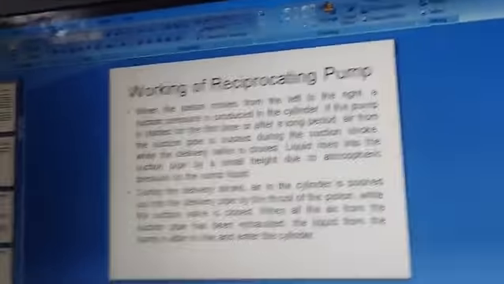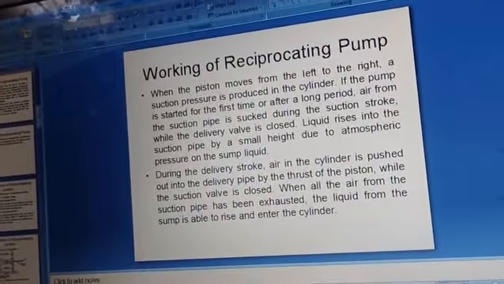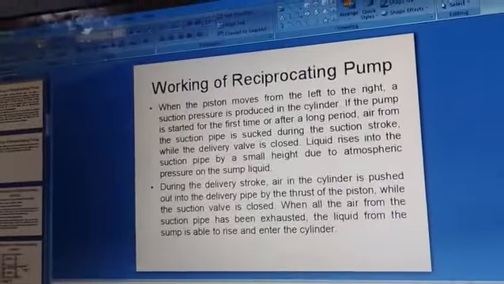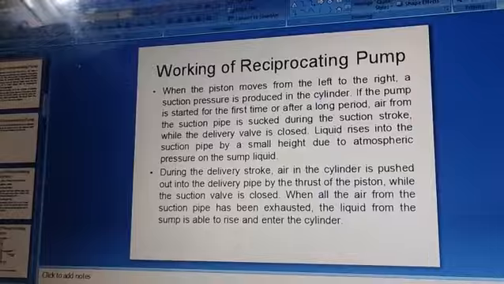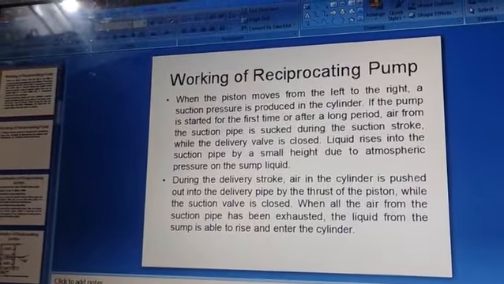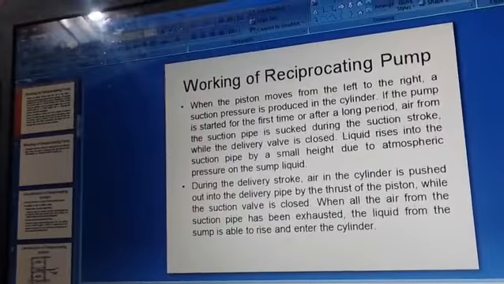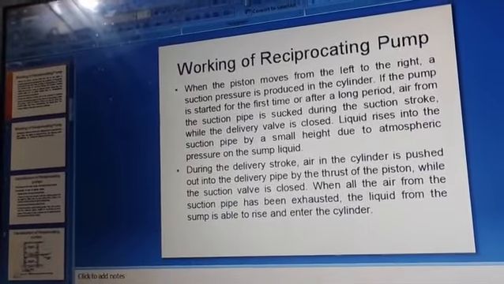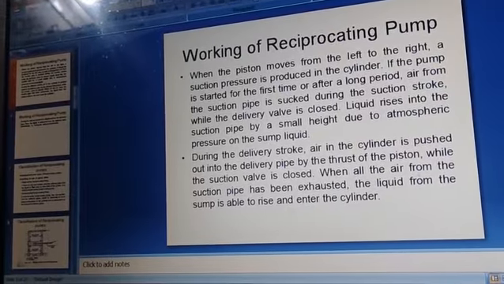The working of the reciprocating pump: when the piston moves from left to right, a suction pressure is produced in the cylinder. If the pump is started for the first time or after a long period, air from the suction pipe is sucked during the suction stroke while the delivery valve is closed. Liquid rises into the suction pipe by a small height due to atmospheric pressure on the sump liquid.